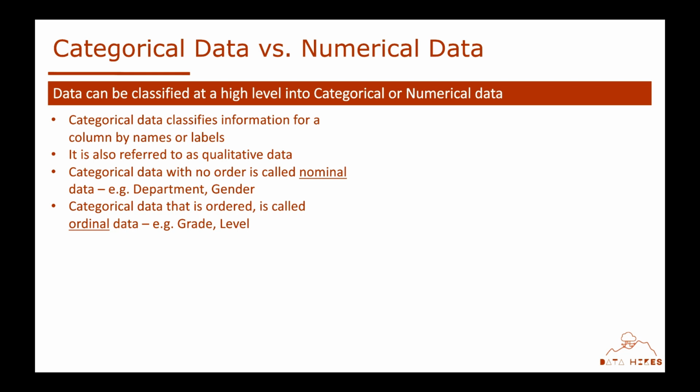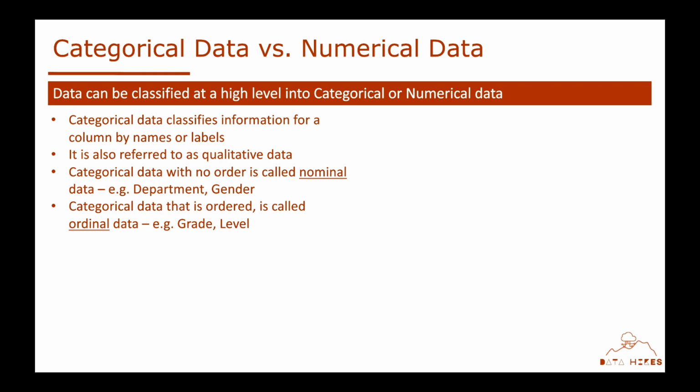The various values that a department column can hold, there's not really a hierarchy to it. It's not like this value is above or greater than the other. The same stands for the gender column as well. Now, categorical data that is ordered is called ordinal data.